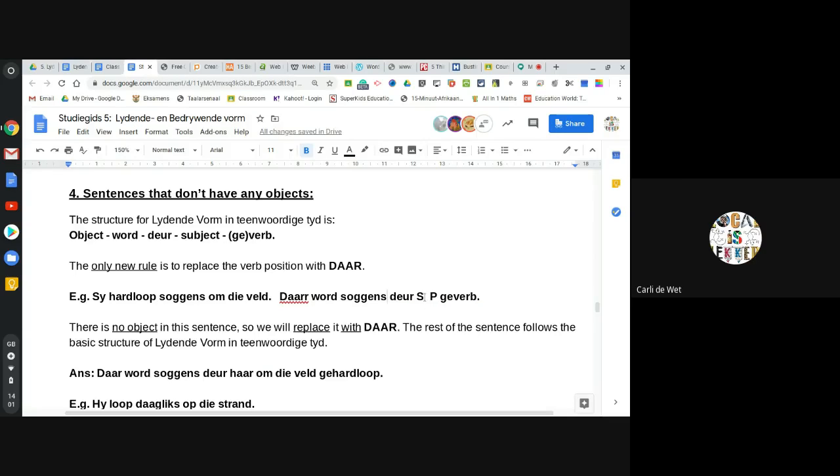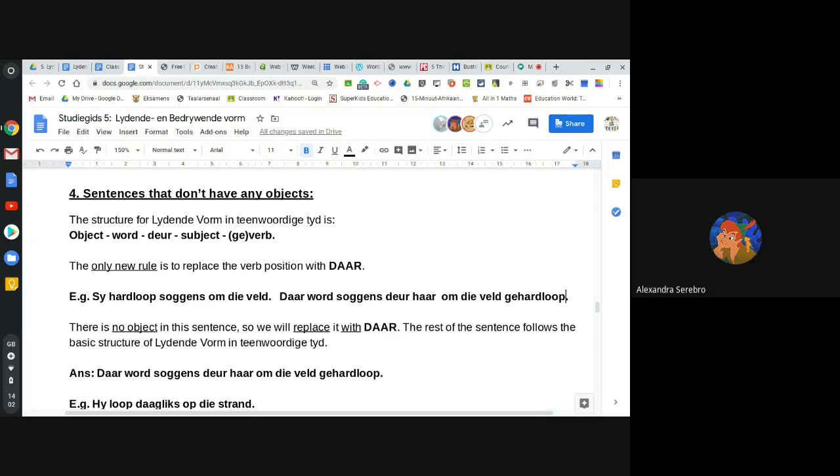Deur die subject. What's die subject? Haar. Okay, so the subject is saying I have to change it to haar. And then, om die veld, plek? Om die veld. Gehardloop. O, wag. Ek kon net daar sien, ek is 'n fout. Om en gewerb gehardloop. Is dit maklik, graad 11s?